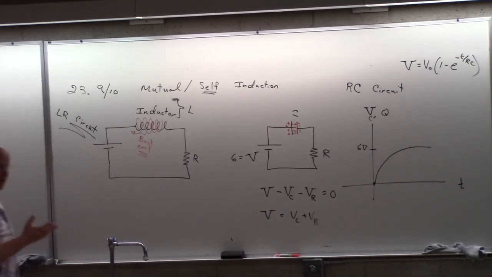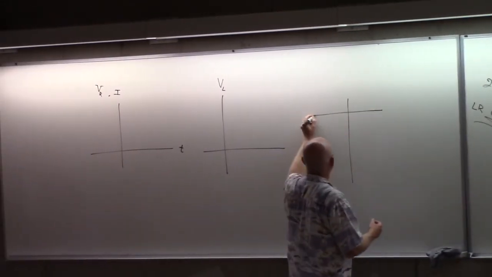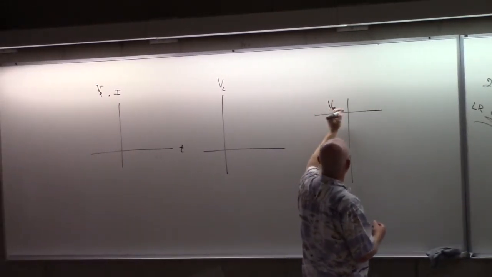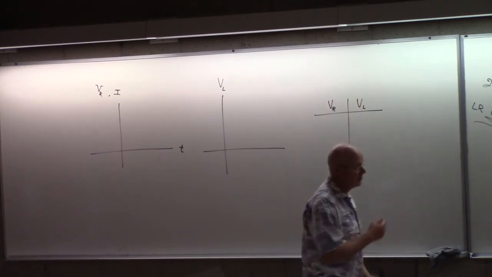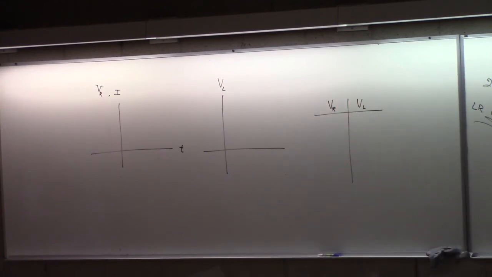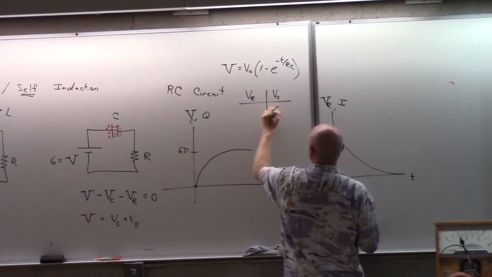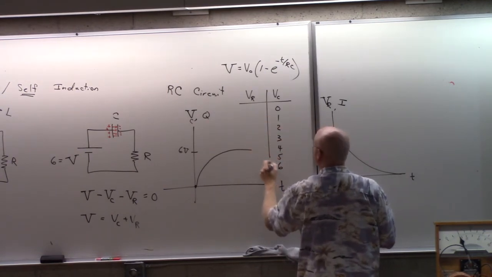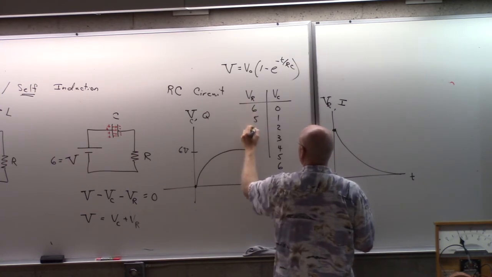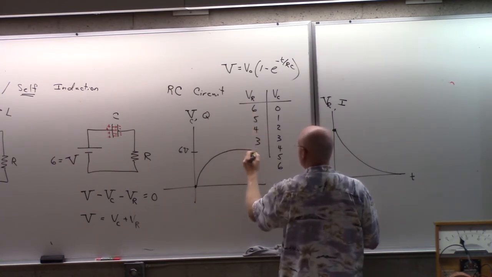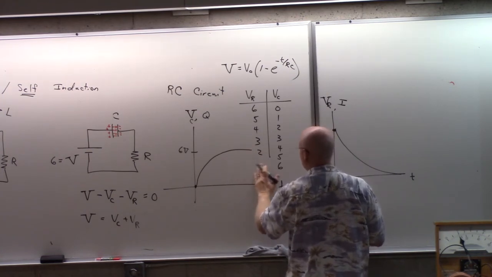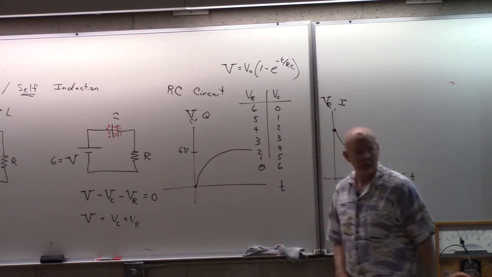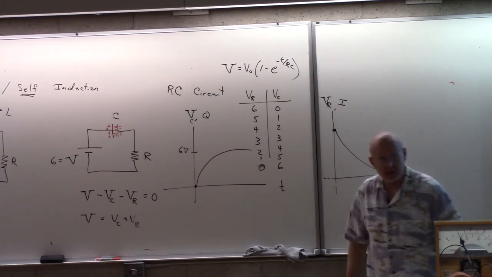And so I can come over here and say, all right, if I were to make a chart of the voltage on the resistor and the voltage on the inductor, and I guess I never did make a chart for the voltage on the resistor and the voltage on the capacitor, but I was saying the capacitor would build up and the resistor would drop down. But the total was always 6.